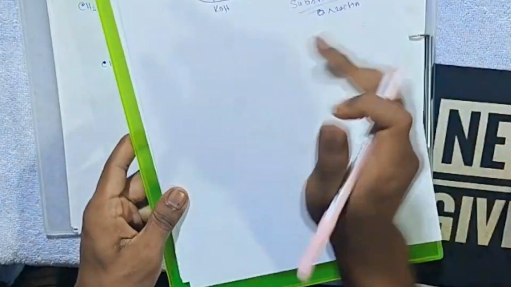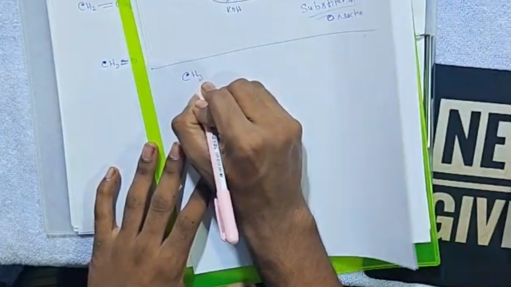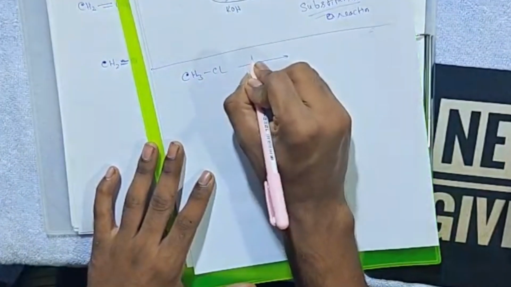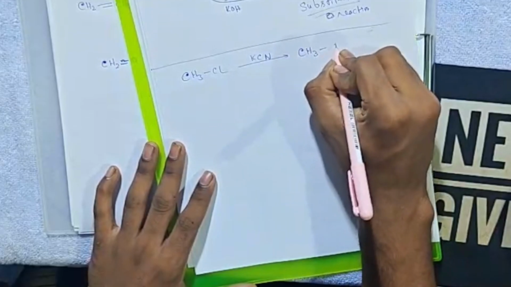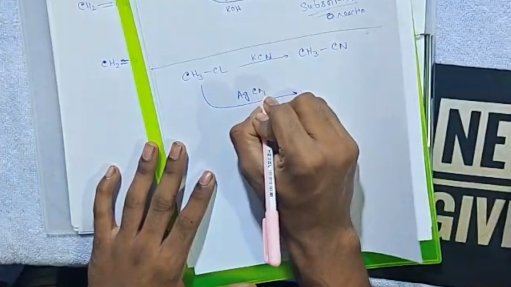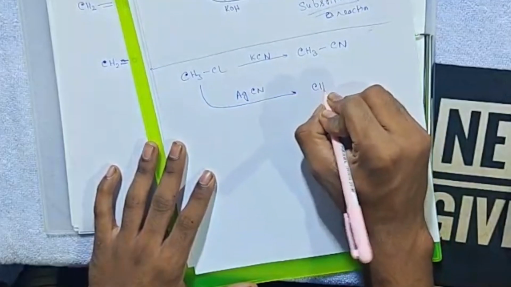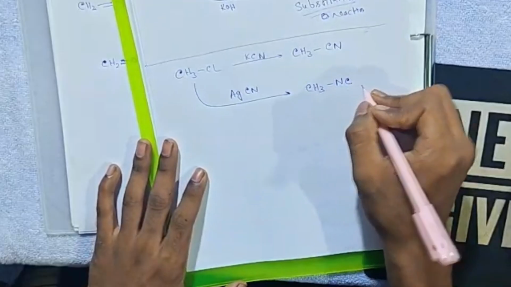Now there is also one type of this reaction. For example, in this case CH3Cl was there, and when KCN was given it was CH3CN. But if the same thing is given but AgCN is given, that time CH3NC will form. But why NC?